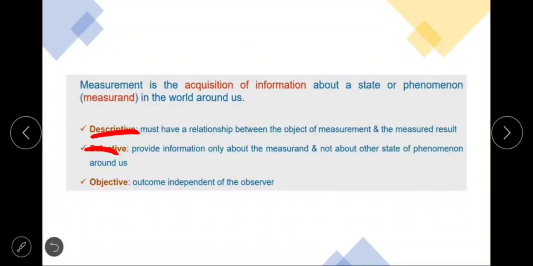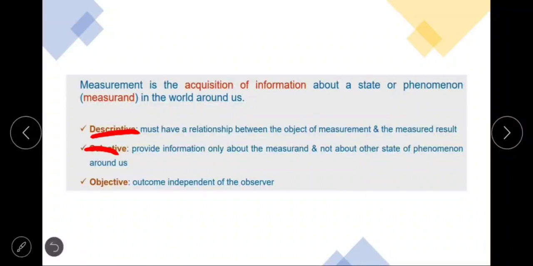As we have already discussed in our analog electronics, our devices should be resistive to the noise. So it should filter out all the noise. So this condition also applies to the instrument. This is a condition that an instrument or a measurement should satisfy.